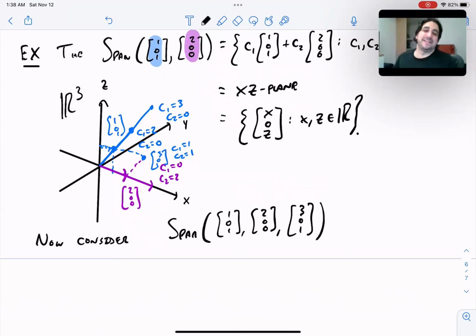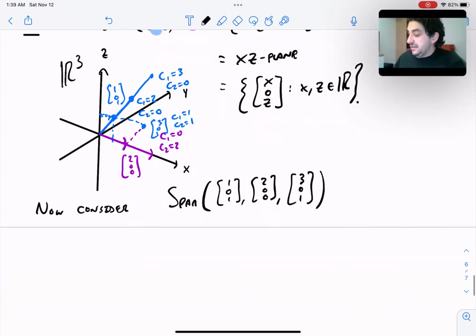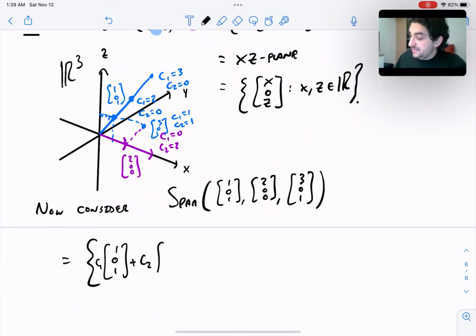Say I toss the vector (3, 0, 1) into that list of vectors, and I consider it along with the first two when I calculate my span. So now, by definition, I have all linear combinations of these three vectors, right?